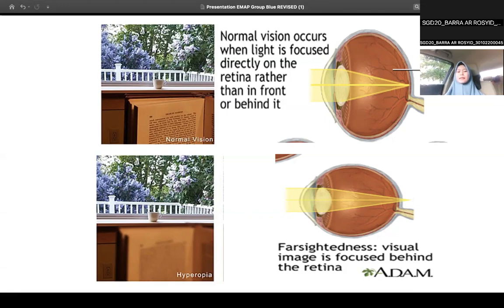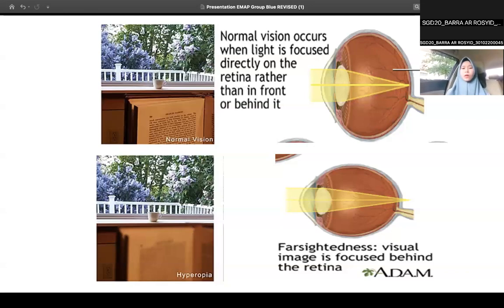These defects cause light rays to focus just behind the retina, so it is fairly easy to see objects quite some distance away, but objects at less than arm's length are blurred. This is usually a result of genetics. If others in your family have it, you are more likely to develop long-sightedness.